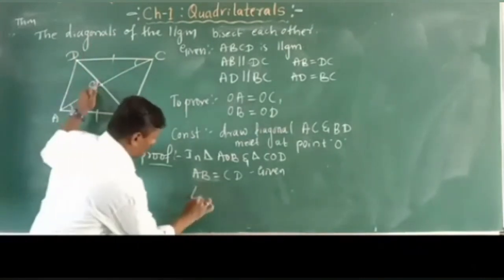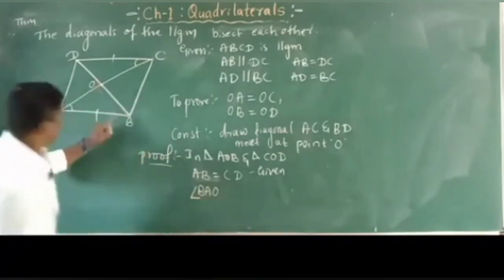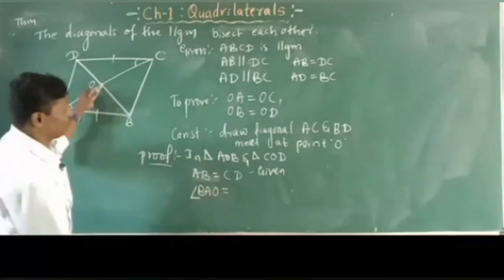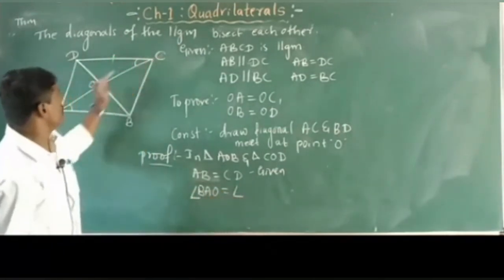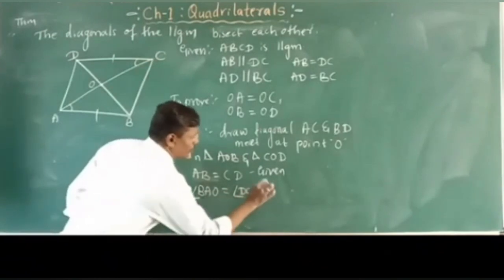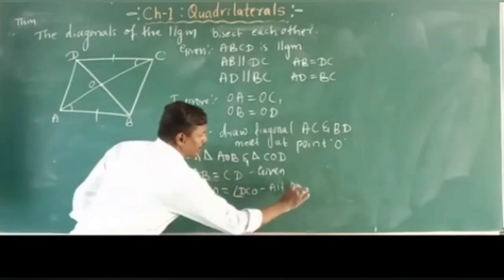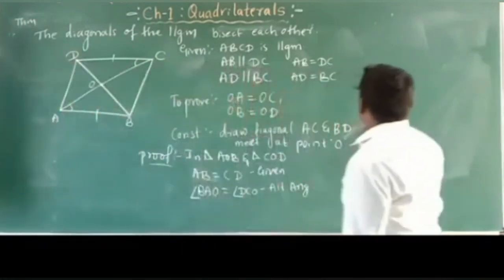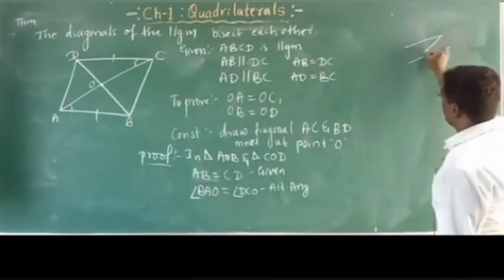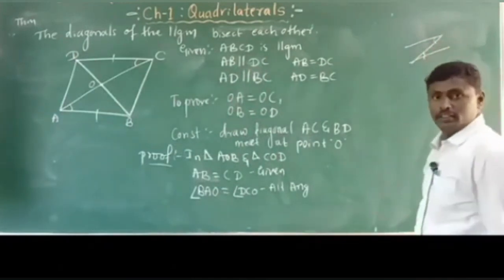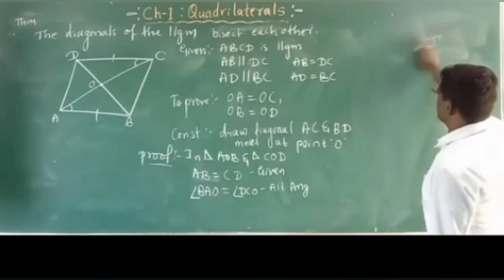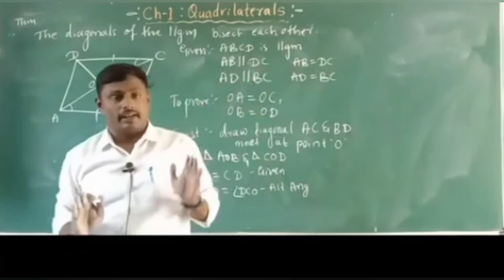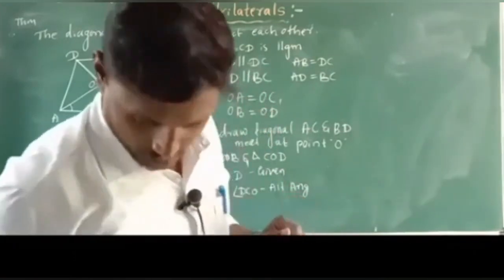Angle BAO is equal to angle DCO, reason: alternate angles. How can you identify the alternate angles? When two lines are parallel, the angles are in the shape of Z. So these angles which are in the shape of the letter Z are alternate angles, and those angles are equal. Okay.